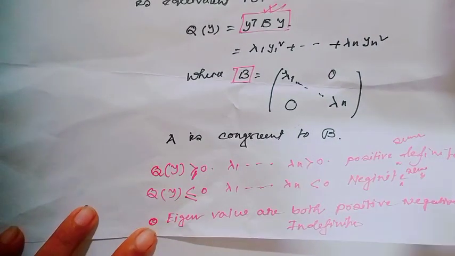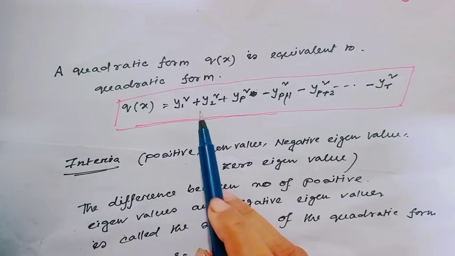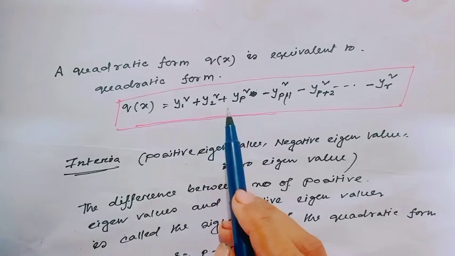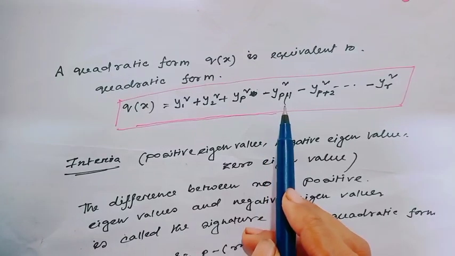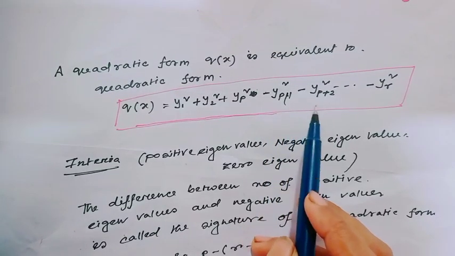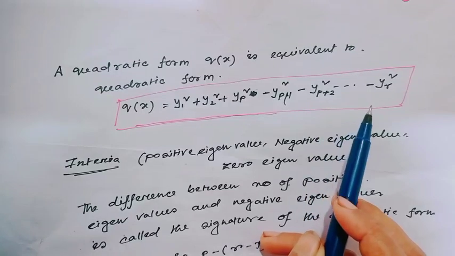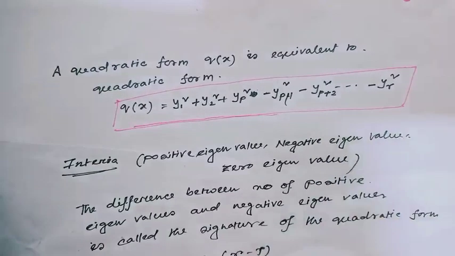Similarly, a quadratic form is equivalent to a quadratic form y1 square plus y2 square up to yp square minus y(p+1) square minus y(p+2) square up to yr square.